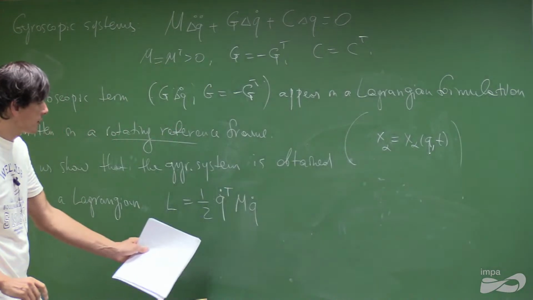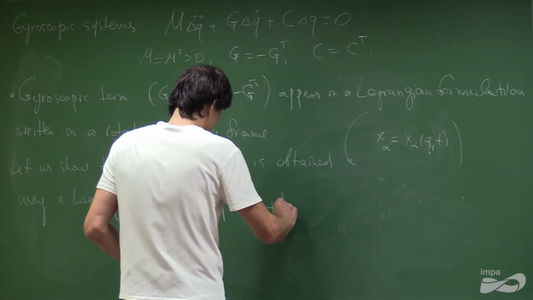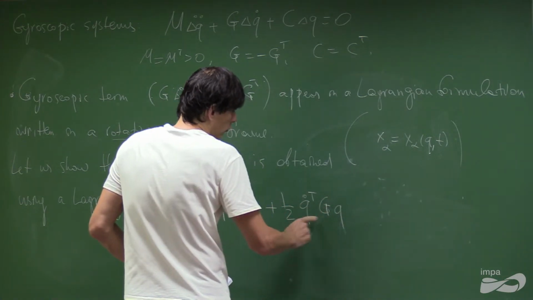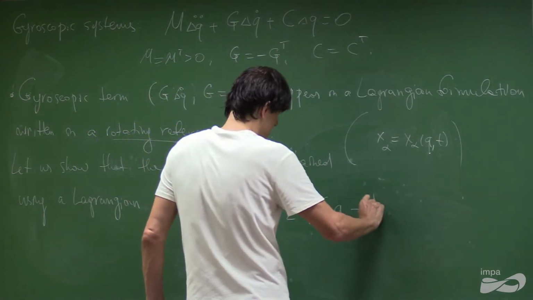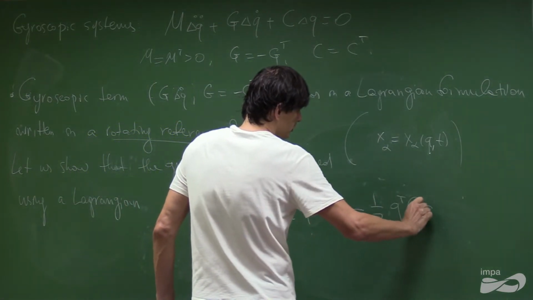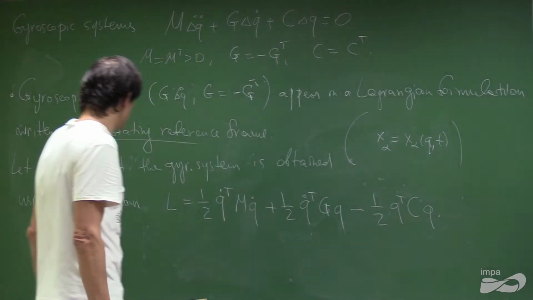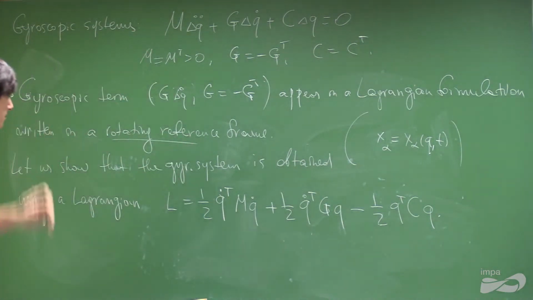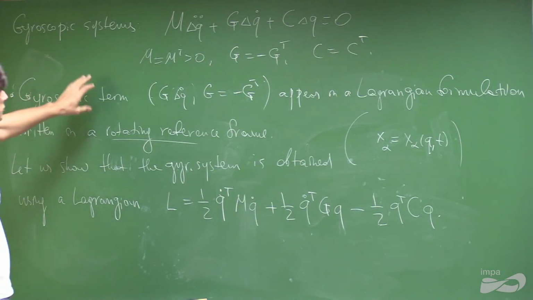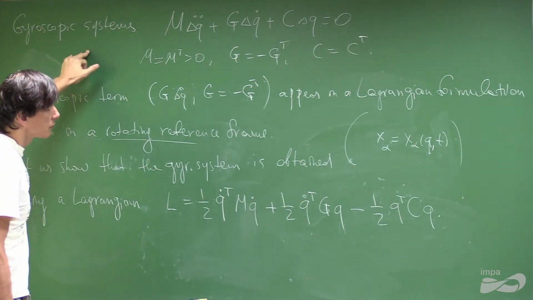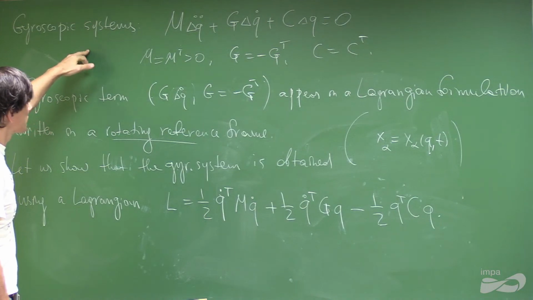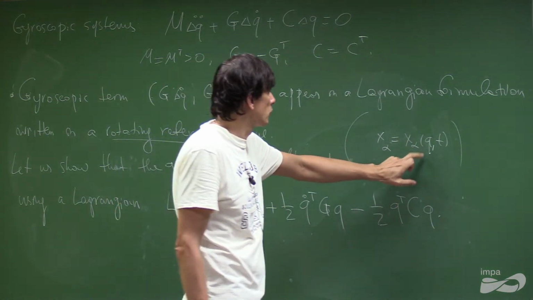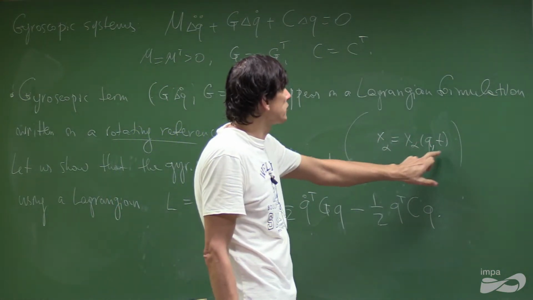So this is usual kinetic energy. But then what we do, we put an extra term which mixes velocities with coordinates through the G matrix, and minus the usual term which corresponds to potential energy. So let's just write all the Lagrange equations, and we'll see that we come to this equation. And that it just proves that gyroscopic systems are the same conservative Lagrangian system, but just written in a special reference frame, where we not only define generalized coordinates as a function of q, but q and t.